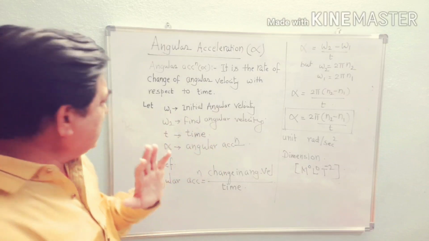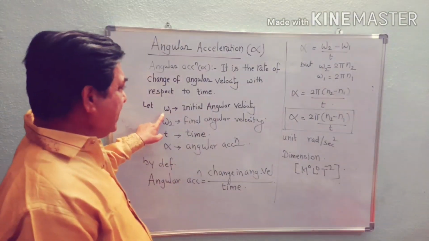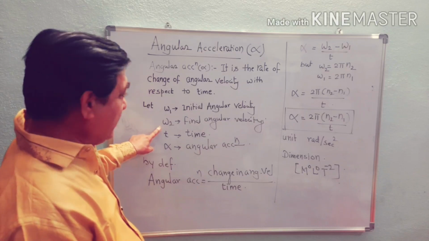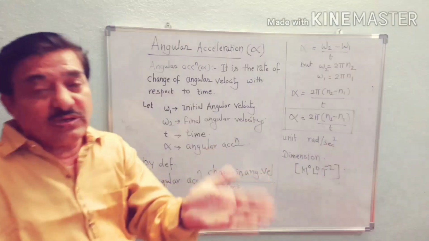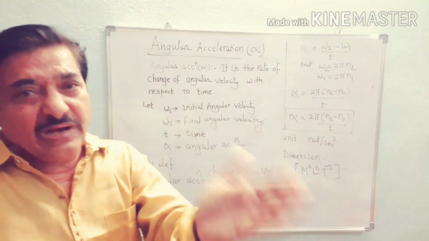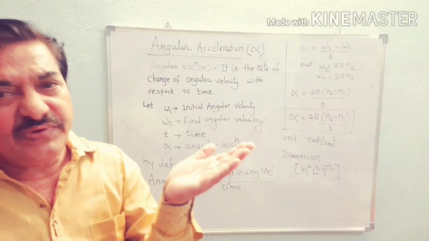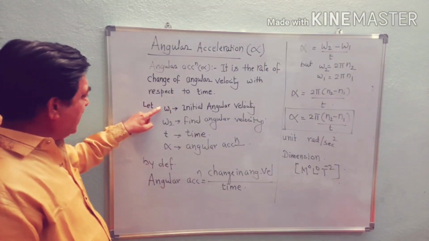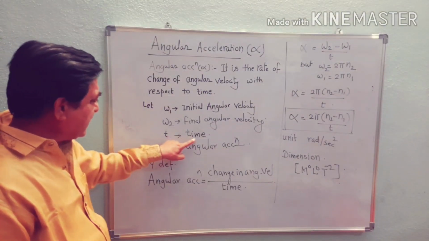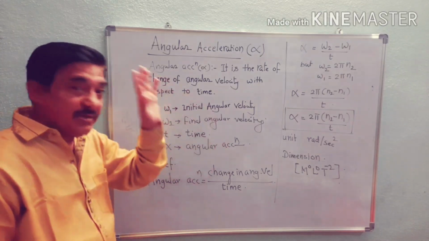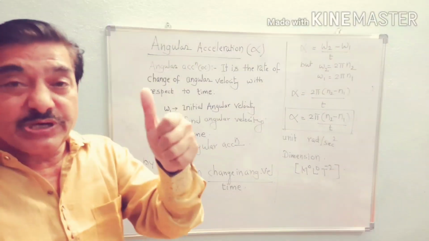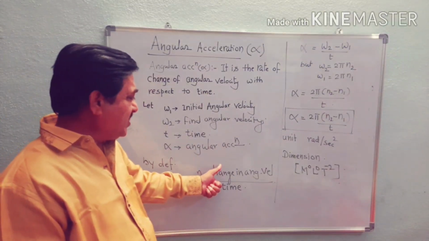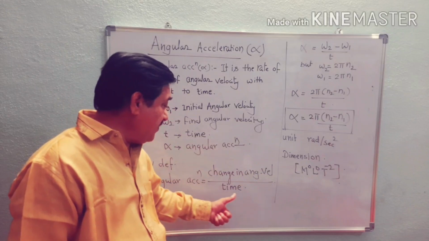We'll consider the case in which omega 1 is the initial angular velocity, omega 2 will be the final angular velocity. This angular velocity changes from omega 1 to omega 2 in a time of t second. As it changes from omega 1 to omega 2 in a time of t second, the angular acceleration produced in that motion is given by angular acceleration is equal to change in angular velocity upon time.